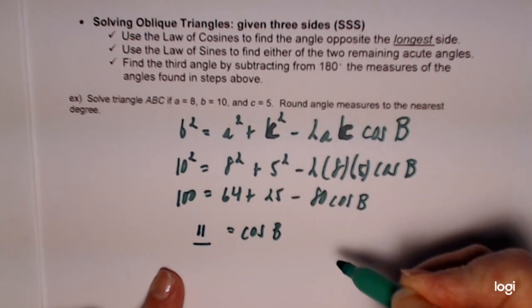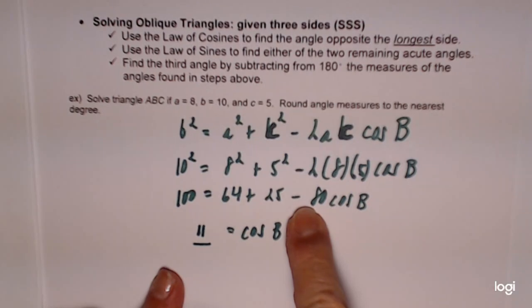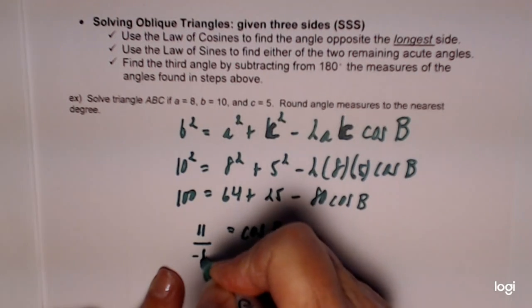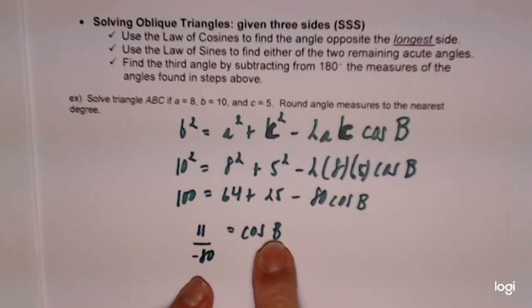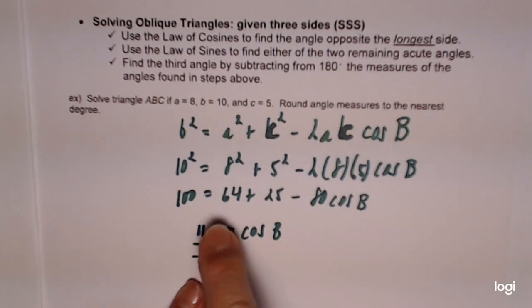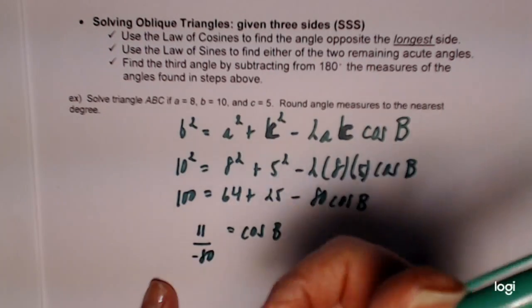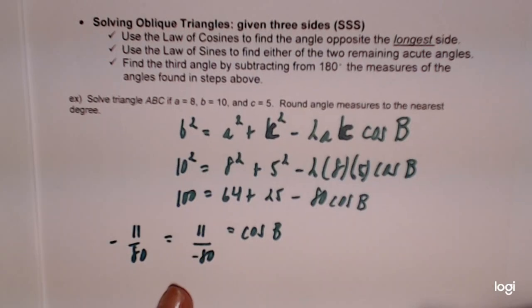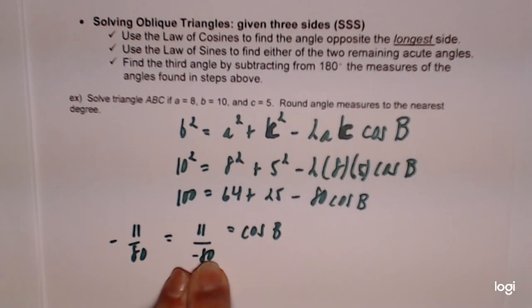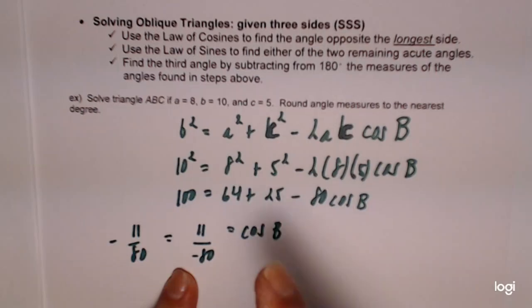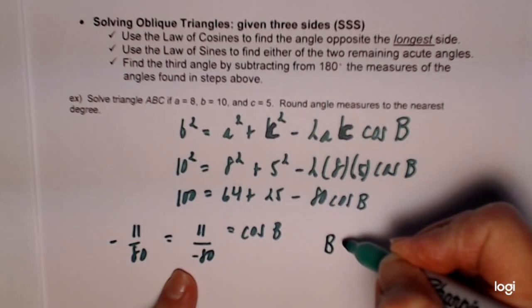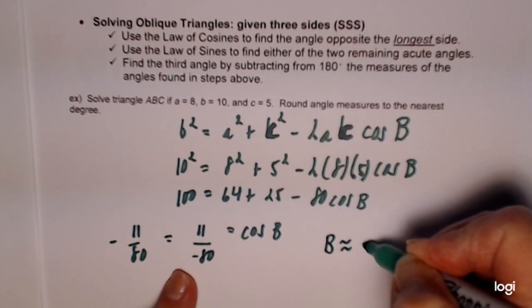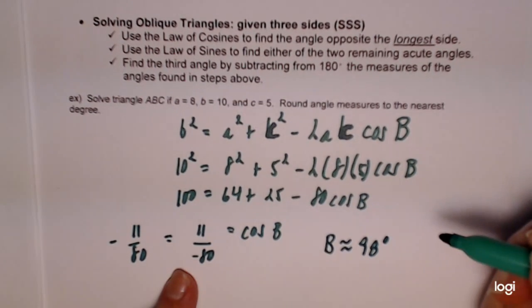Then dividing both sides by negative 80, we have the cosine of B is equal to 11 over negative 80, or you could also consider this as negative 11 over 80. It doesn't really matter. We find the inverse cosine of this to find our angle B, and what we get is that B is approximately equal to 98 degrees.